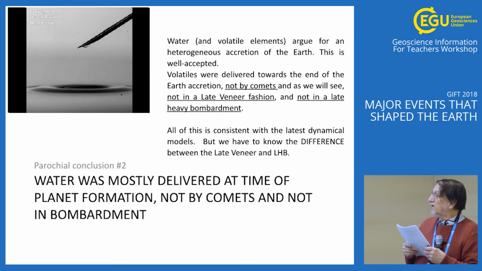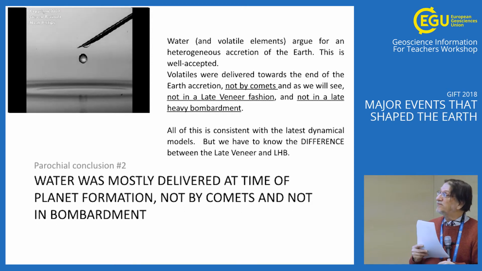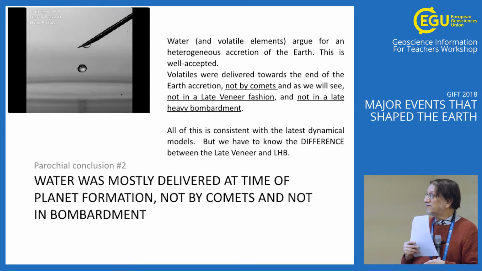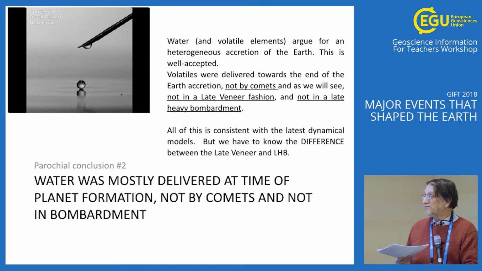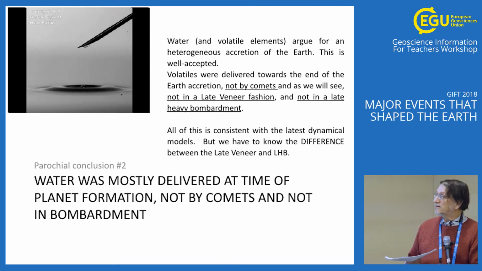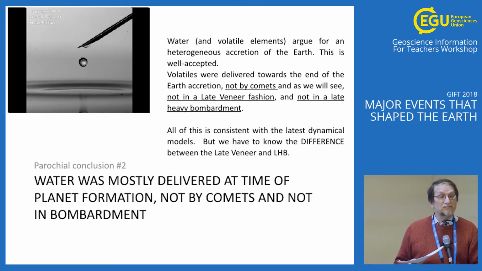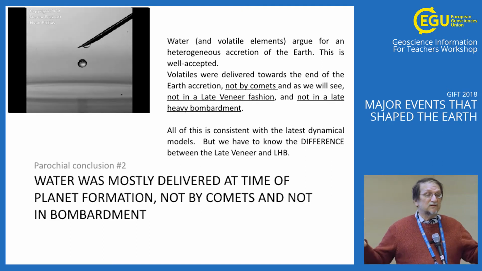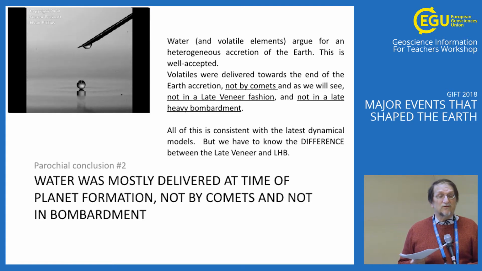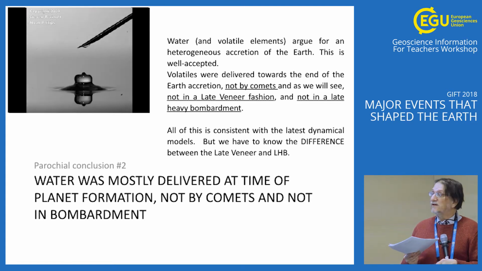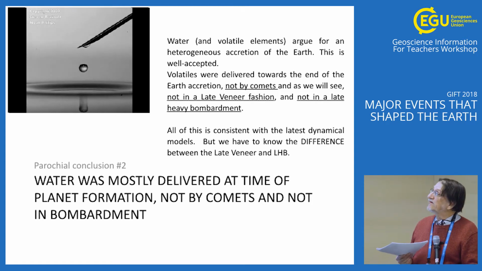So for the most part, the conclusion would be that water itself was delivered at the time of formation, not from cometary bombardment, not from other meteorite bombardment. In fact, even the large cloud-type structures that were thought to be hitting the Earth don't isotopically match anything that we find on the Earth.